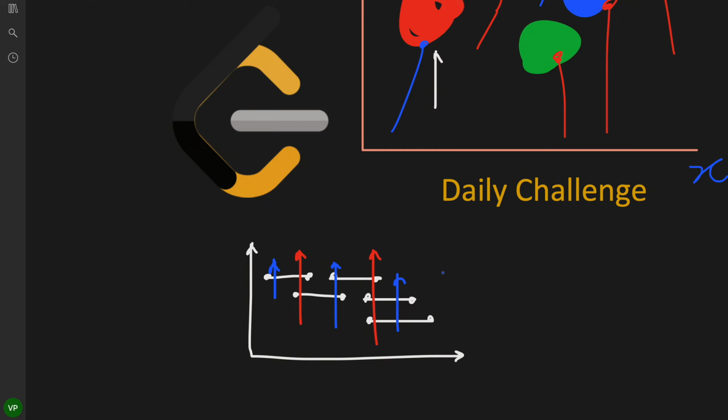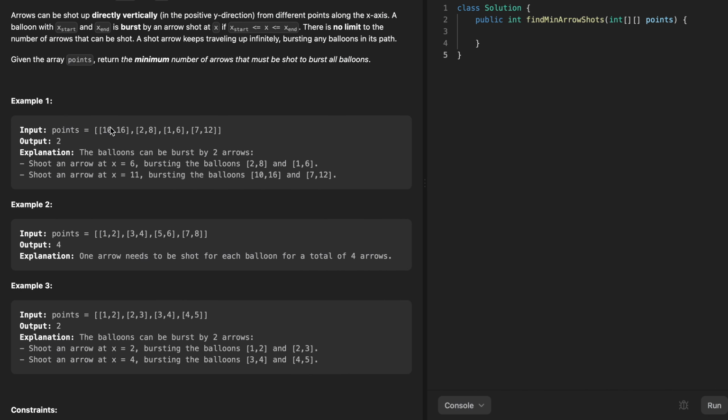In this problem we can find two very important points that we can note from this diagram. First is that we need some kind of ordering. In the array that we have been given, there is no ordering, like 10, 16, and after that 2 and 8 comes.